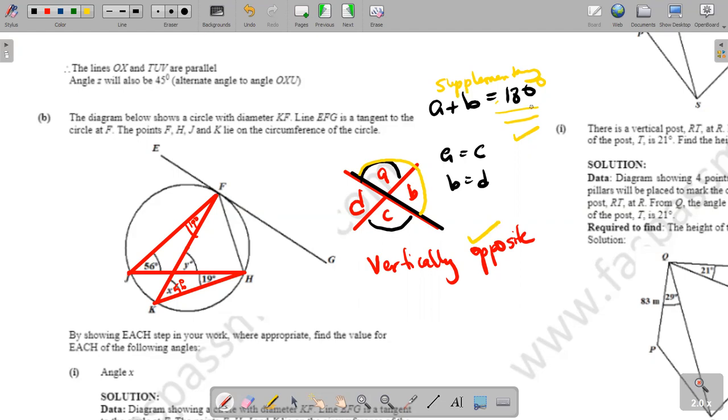Waiting, I'm waiting. All right, let me see if you are thinking now. First question, does anybody see the vertically opposite angles inside the picture here? Look at the picture. I don't want to spoon feed you everything.